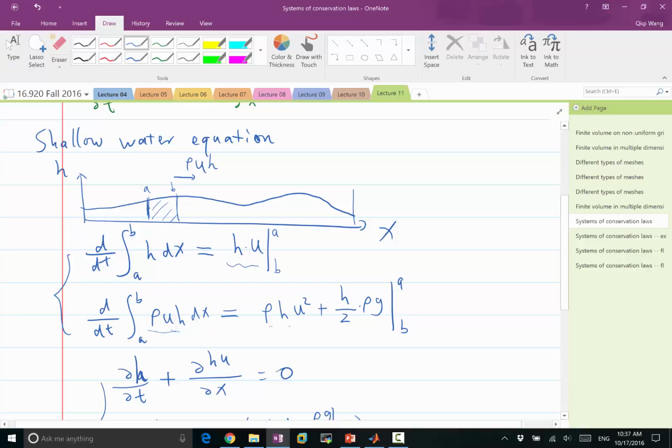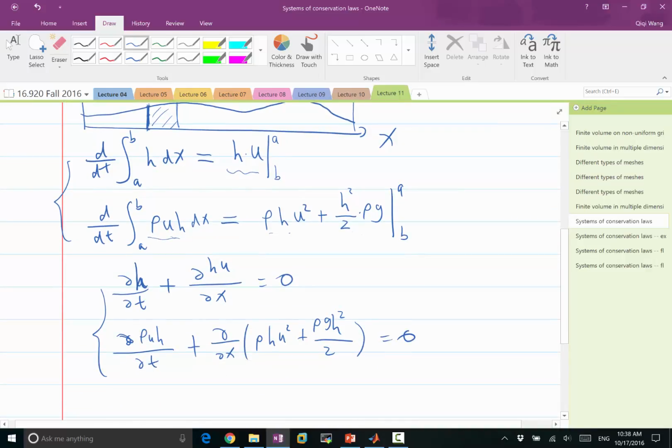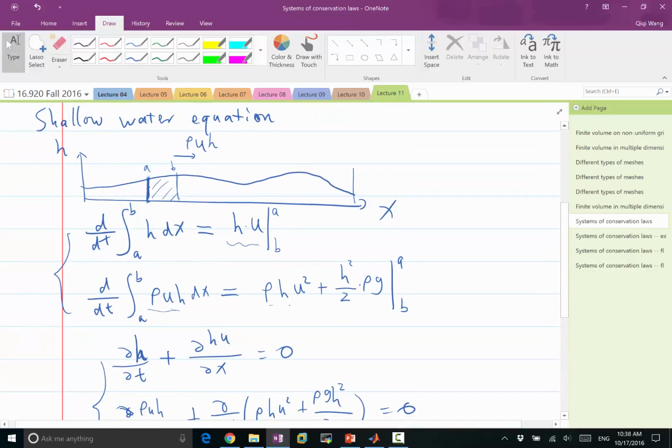Oh yeah, this is because if you integrate the pressure force over the column of water, the pressure is equal to 0 at the top, right? So there is no pressure at the top. The pressure at the bottom is rho g h. Oh, actually, because there is an integral, we have a square. Yeah, sorry, we have a square here, right? So we are integrating the pressure at the bottom, rho g h, over a height of h. So the total pressure force is half of rho g h squared.